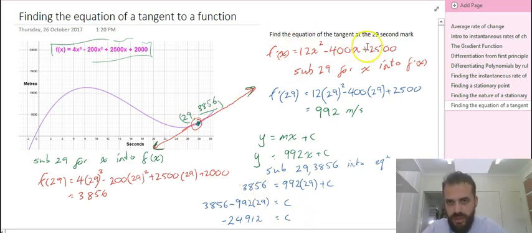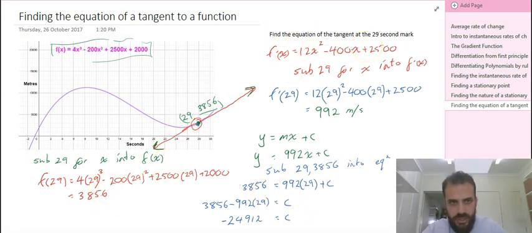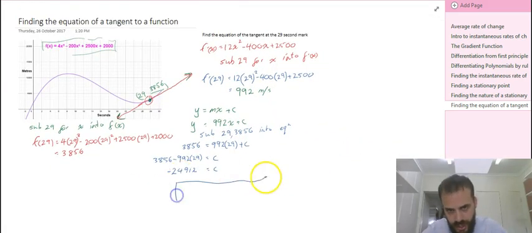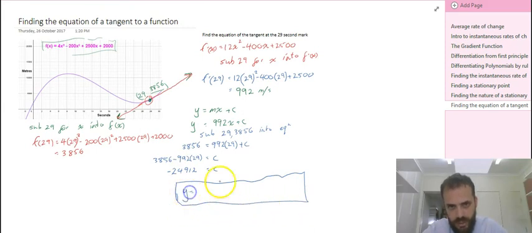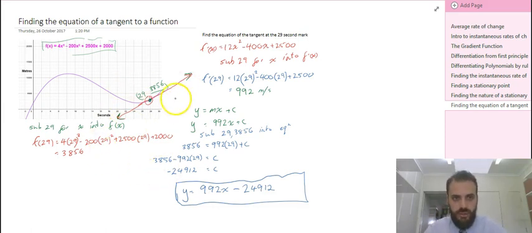We were asked to find the equation of the tangent. Very last step here. The answer is y equals gradient 992x minus 24912. Alright, that's how you find the equation of the tangent to a function.